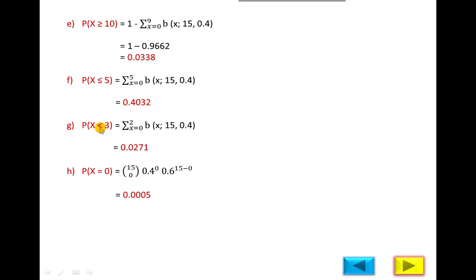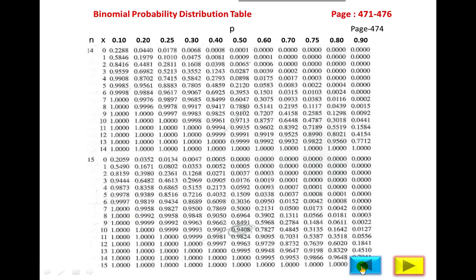Less than 3 and fewer than 3 are both the same, write directly the value of 2, which means 0 to 2. X is equal to 0, 0.0005, write directly this value because this is the minimum, starting value.